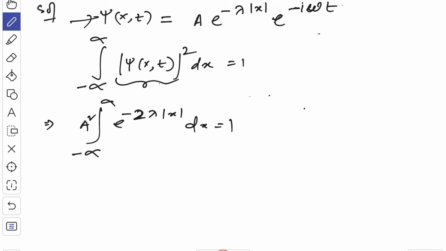So we have this. Now this integration we can write as 2 into A square, and then we can make the limits 0 to infinity, e to the power minus 2 lambda mod of x dx is equal to 1.